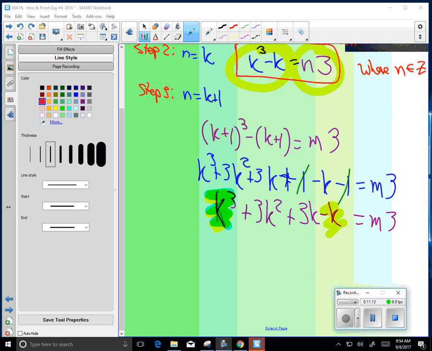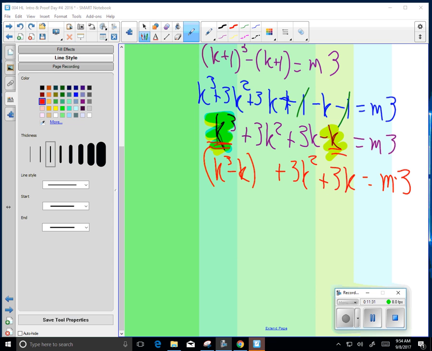So wherever you have this, k cubed minus k, I'm going to write it together if you don't mind. I know it's an extra step, but it'll look a lot better when you're studying it. Multiple of 3. So this can now be replaced from our assumption statement of n times 3.